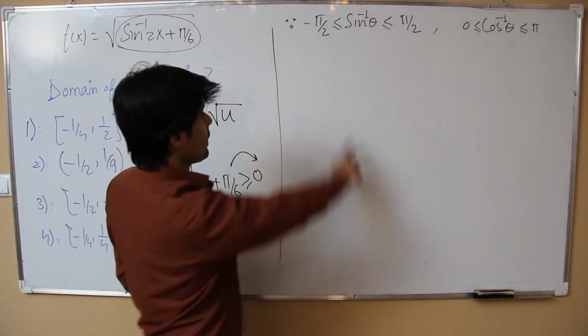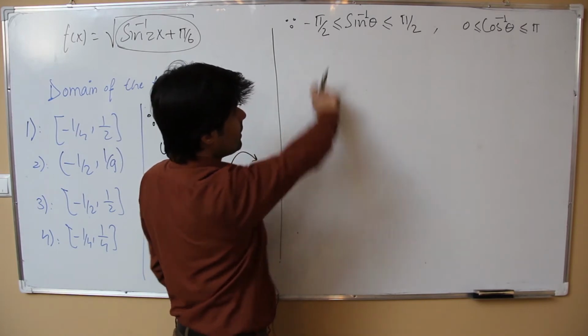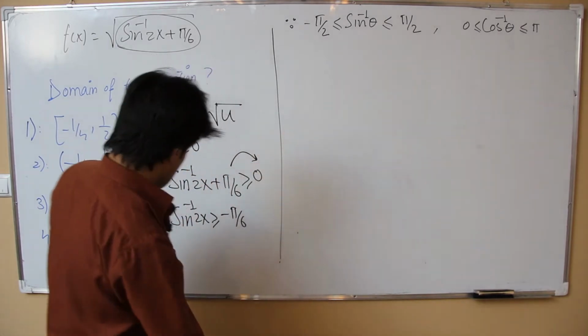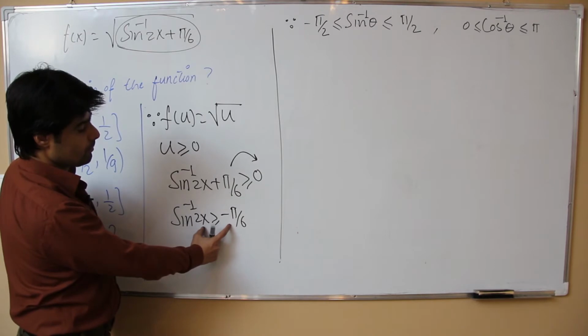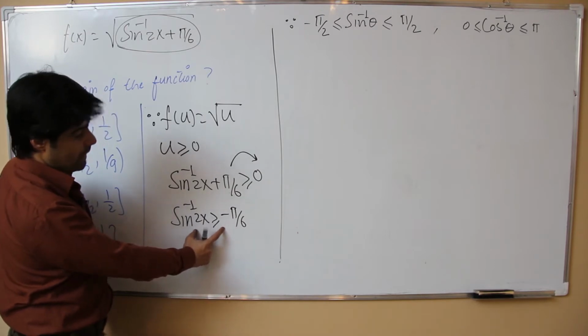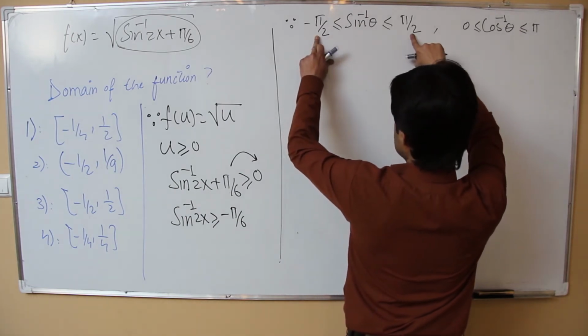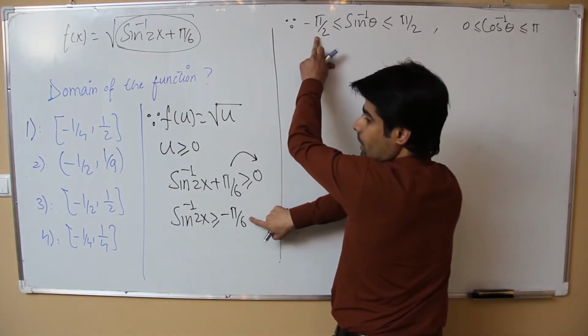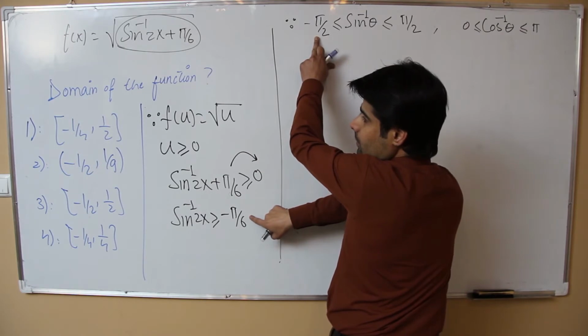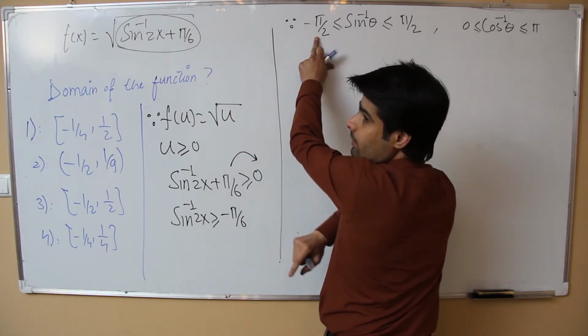For tangent inverse we have the same as the sine inverse. Now check this value. If this value is placed between minus pi divided by 2 up to pi divided by 2, so it is right. Else, we cannot define the domain of this function.